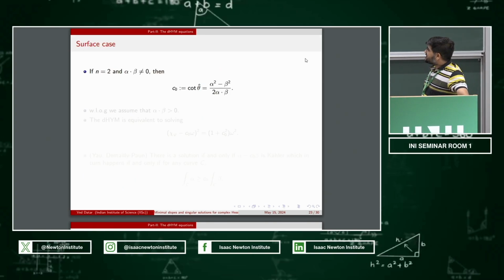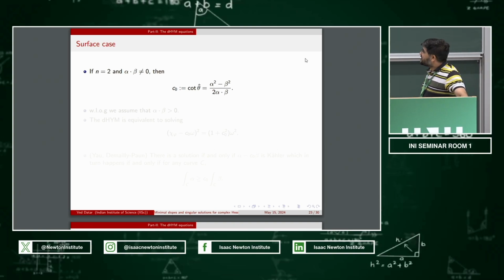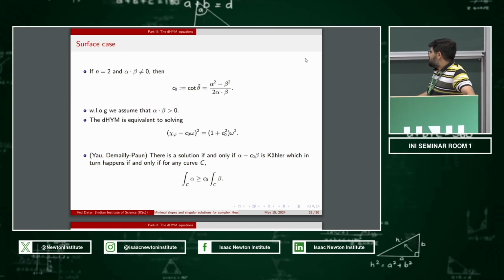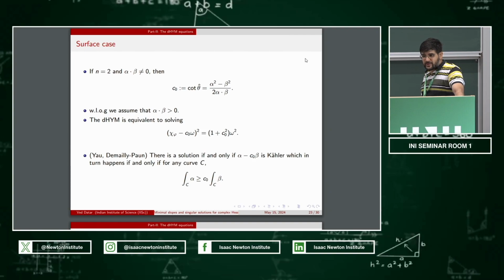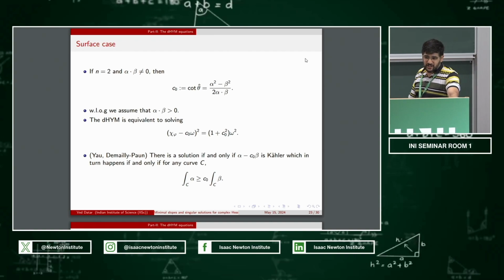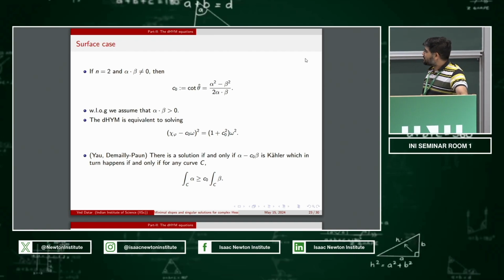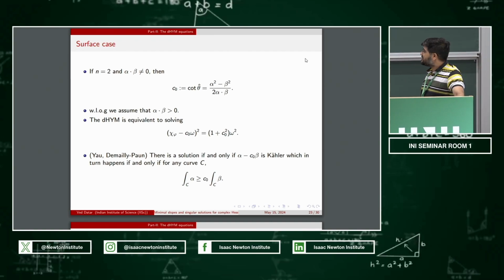And again, in the surface case, one can just complete squares, and applying Yau and Demailly-Paun, one gets an optimal existence result. So the natural question is, what should be the case for higher dimensions? Based on the Lejmi-Székelyhidi conjecture, Jacob and Yau and maybe Collins put forward a conjecture for the deformed Hermitian-Yang-Mills.